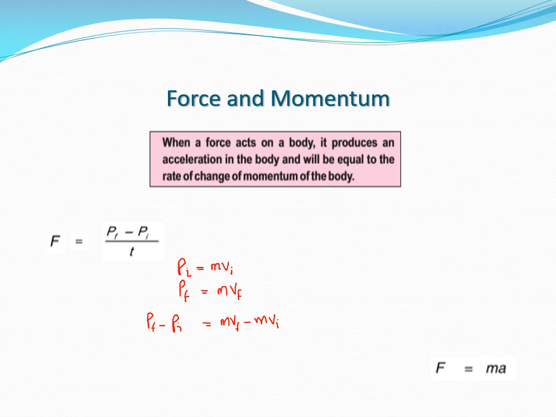We have to divide this expression by time. So Pf minus Pi divided by t on the left hand side, and the same goes for the right hand side, mvf minus mvi divided by t.